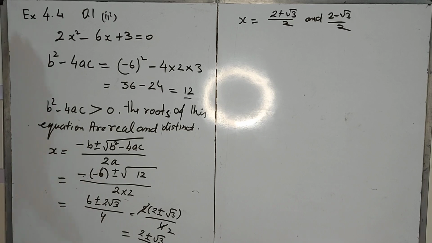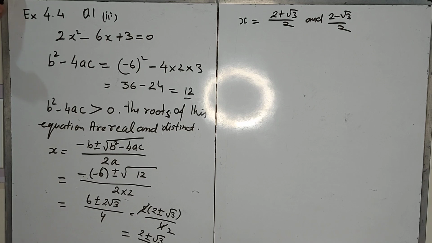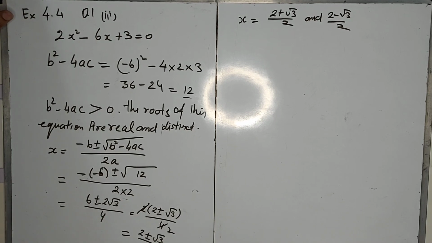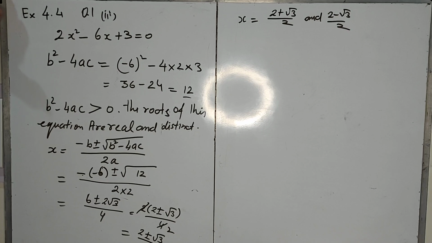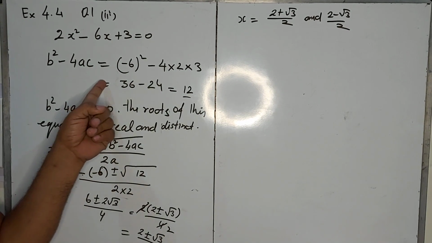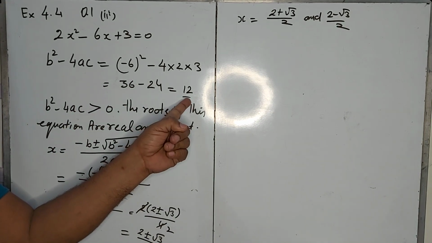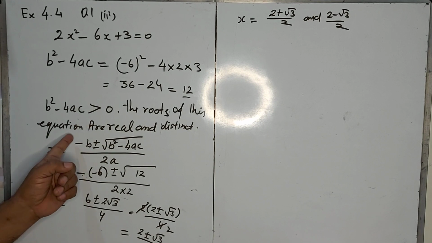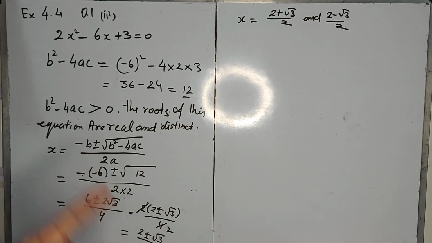This is the way how we can analyze a particular quadratic equation, what type of root it has: real and distinct, real and equal, or no real root. In this case, because the value of b square minus 4ac is 12 and it is greater than 0, the equation has real and distinct roots.